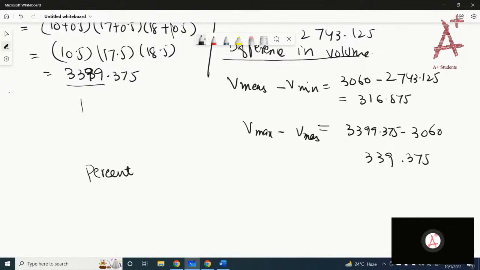Now you have to find the percent error. For the percent error, you have to divide the greatest possible error in volume by the measured volume.